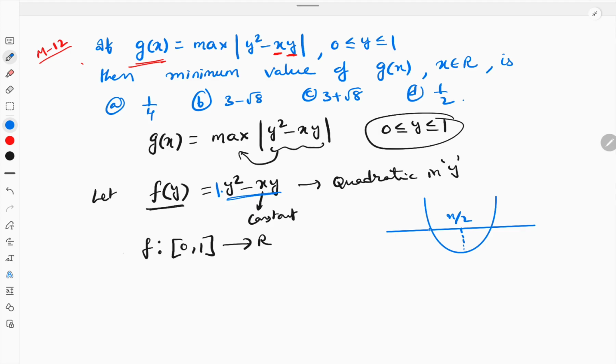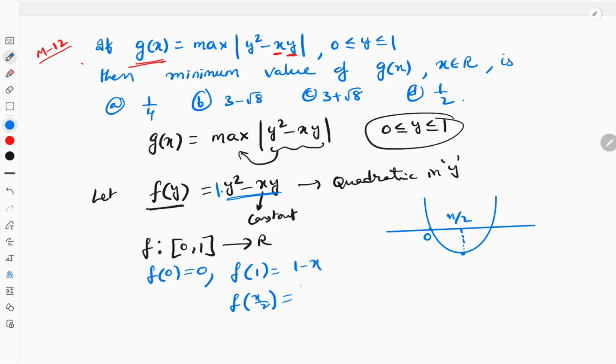f of 0 is 0, if you put y as 0. And f of 1 is 1 minus x. And f of x by 2 is the point where it will attain the minimum value.